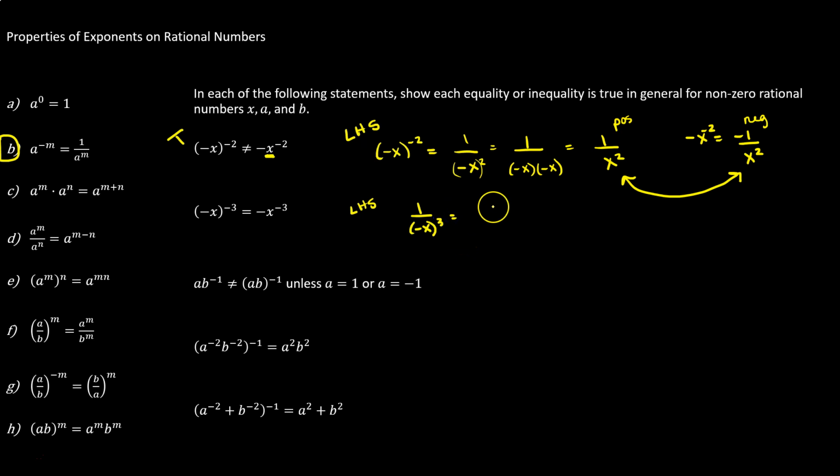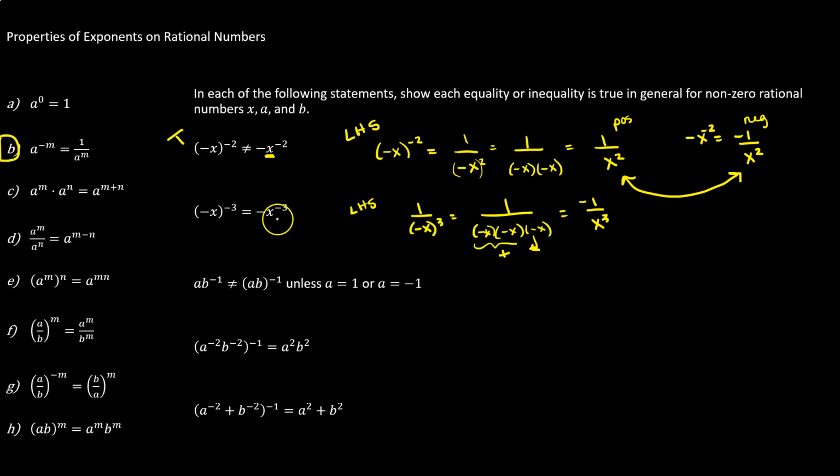And if we do negative x cubed, that's the same thing as saying negative x times negative x times negative x. Two negatives together make a positive, but then if you multiply by one more negative, that whole thing results in a negative. So that would look like negative 1 over x cubed. I moved the negative up to the numerator so we don't forget that it's there, but you could have left it in the denominator, that's fine. I want it up top.